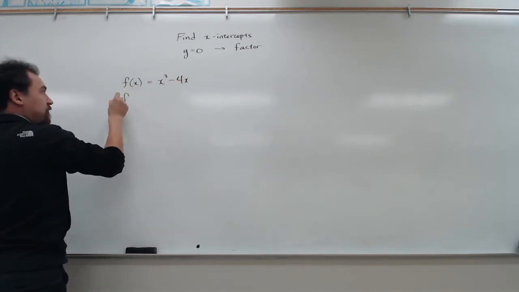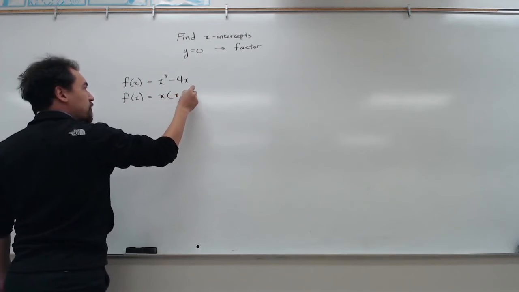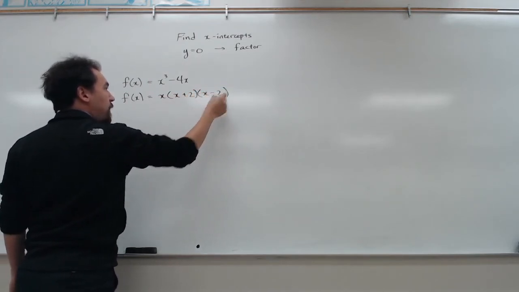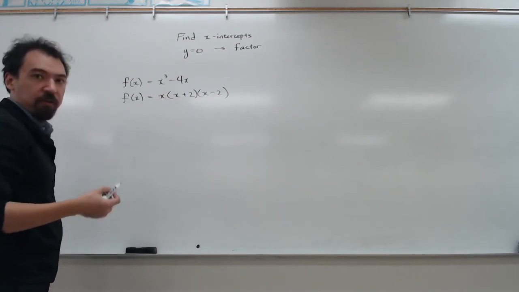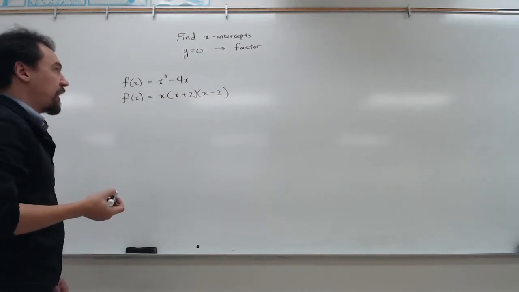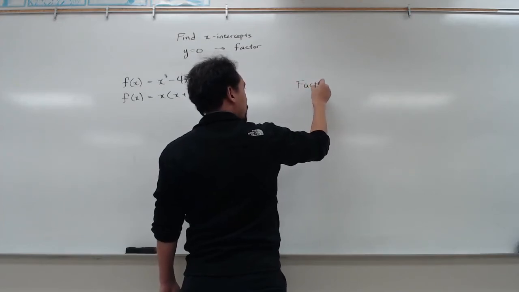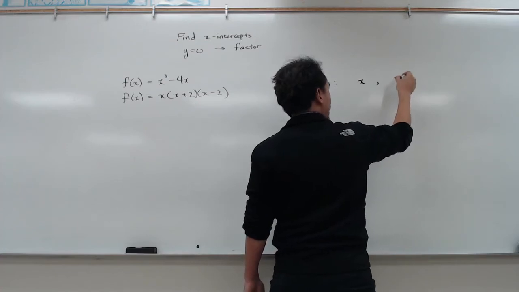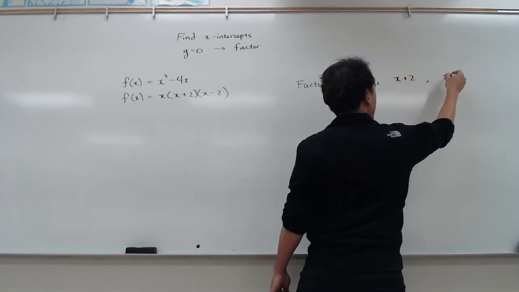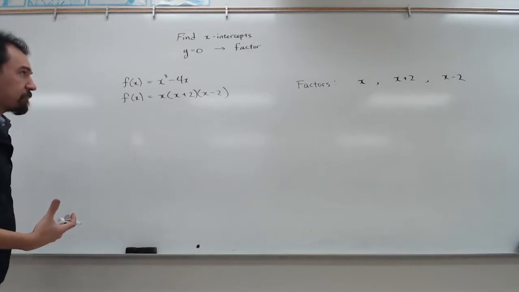And we took this and factored it, so we ended up with x times x plus 2 times x minus 2. And these are what we call the factors of f of x. So if I write the factors, I can list them as x, x plus 2, and x minus 2. And those three are the factors of f of x.